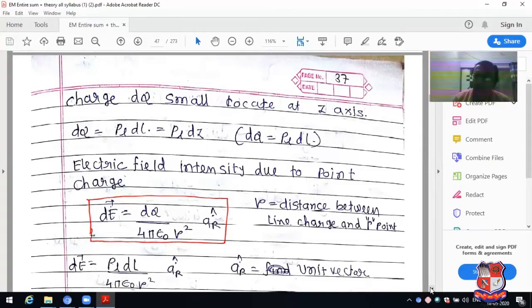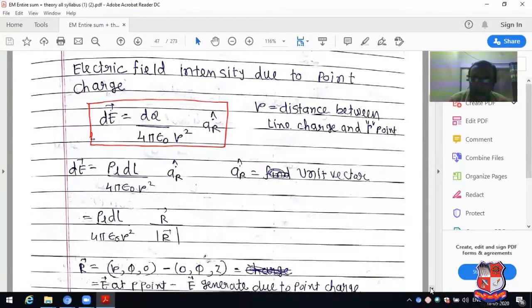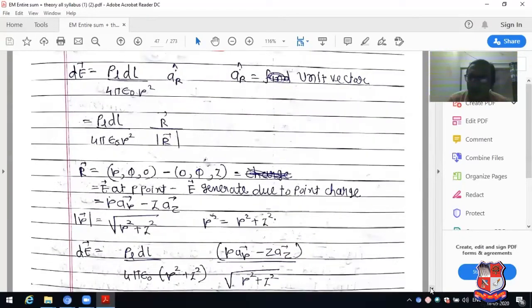So the electric field intensity due to a point charge is dE equals dq divided by 4 pi epsilon 0 r square in the direction of a_R. So dE equals rho L dl divided by 4 pi epsilon 0 r square, times vector r divided by magnitude of r. Vector r is the electric field generated at point P minus that due to the point charge at Q: (r, phi, 0) minus (0, phi, z).